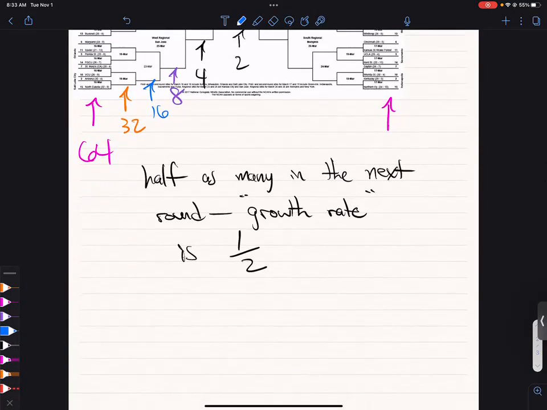We could use something like 1/2 to the x, or another way to write 1/2 to the x is 2 to the negative x.